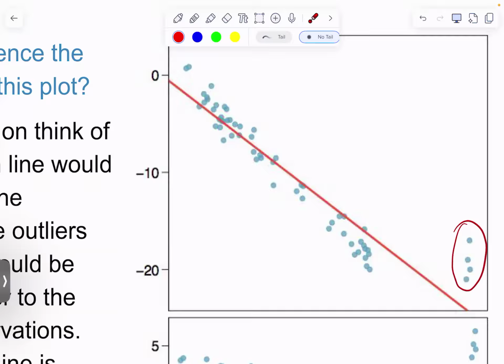The trouble is, as a data analyst, you wouldn't necessarily have that background information. Without those outliers, the line might look something like this, and it would do a better job modeling the majority of the data points.